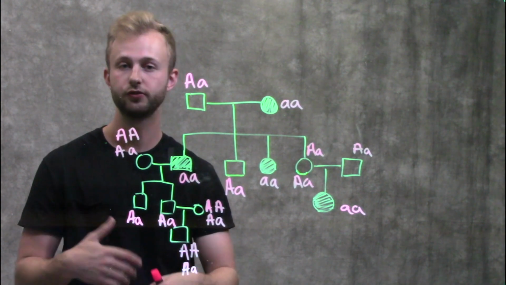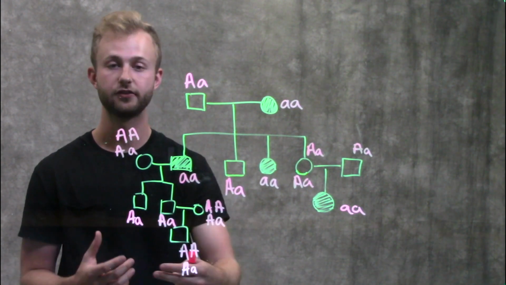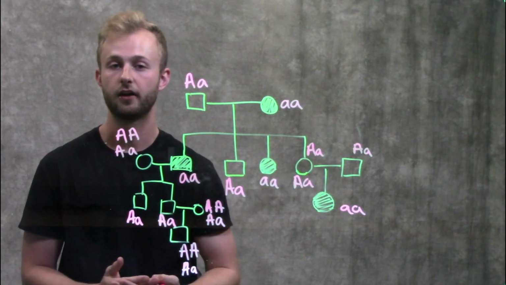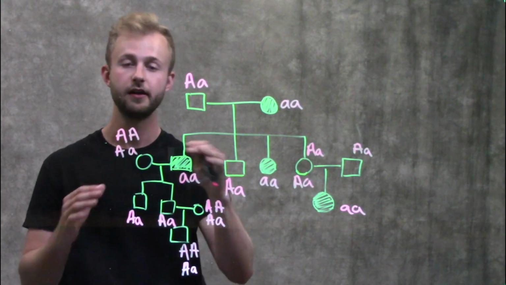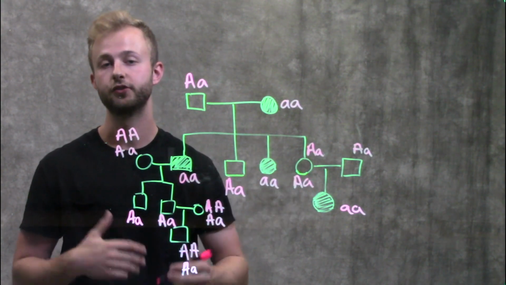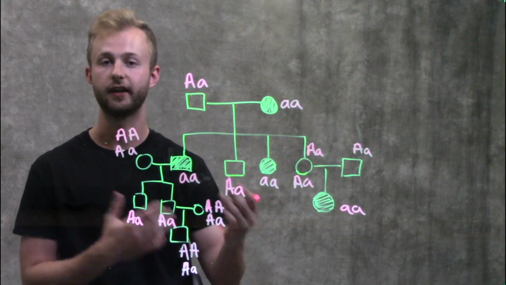For the other individuals whose genotype we're not able to figure out precisely, we've at least narrowed it down to two options. They're either homozygous for something or they're heterozygous. Regardless, it's really helpful to have a solid understanding of this, especially when you get further into biology and onto genetics.